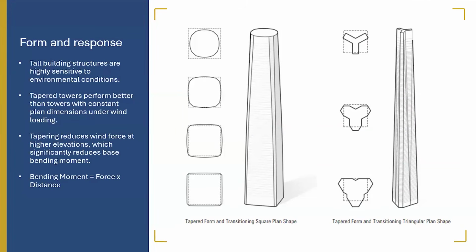Many buildings start square, and as they go along, they become tapered, and the corners are cut down. The corners are cut down basically to reduce the wind effects, crosswind effects. And then the tapering in height is done once again to optimize for the wind loading. So this is a good optimized system, from square to circular plans at the top.